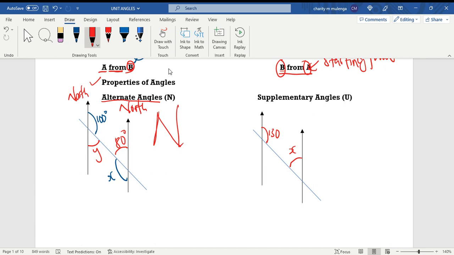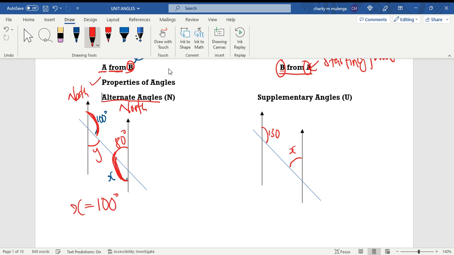So alternate angles are angles that form an N shape if two parallel lines are present. For example, in this question, if this angle here is 100 degrees, it means that this angle there is 100 degrees. Why? They are alternating. It's forming an N shape.